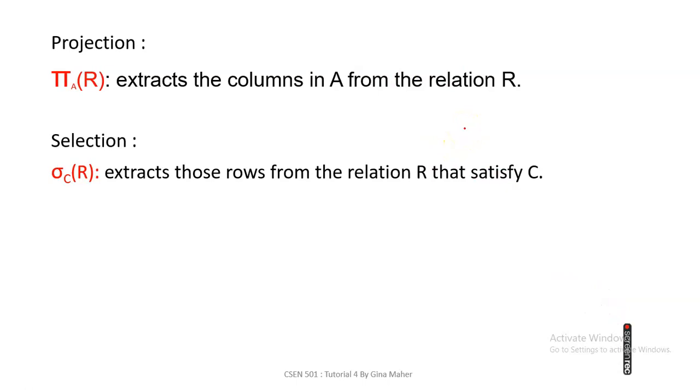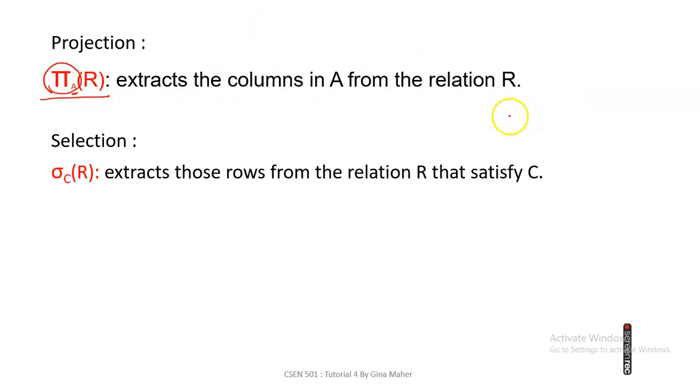Okay, the projection. The symbol of the projection is this one, which means that we are going to project column A from relation R. Let's take an example.